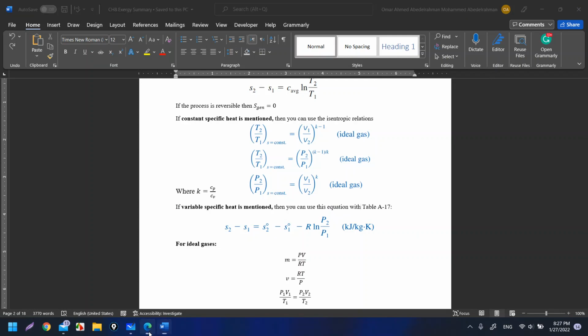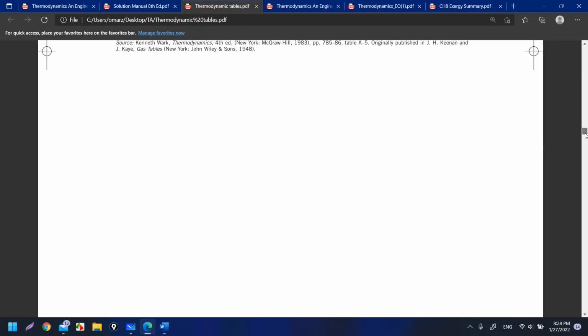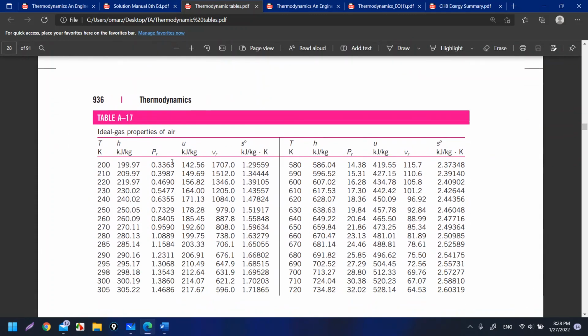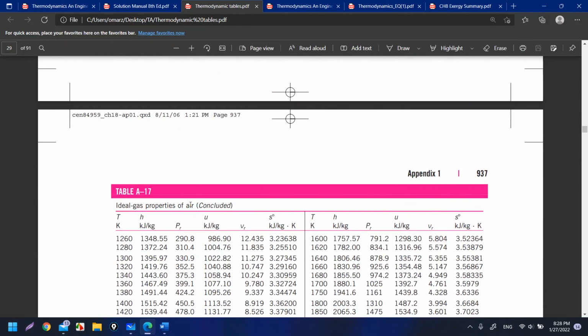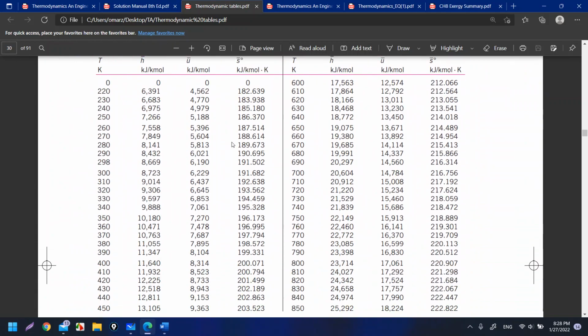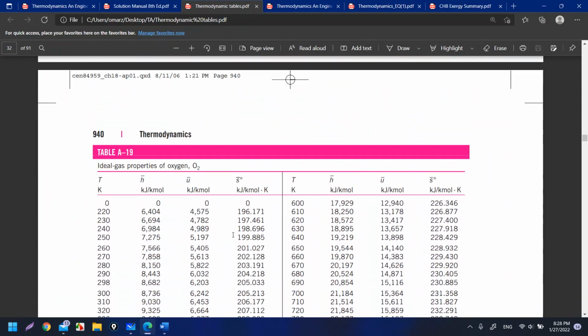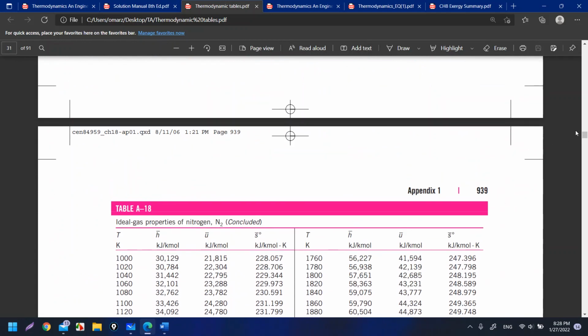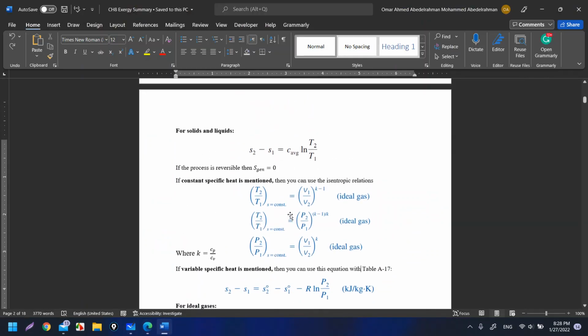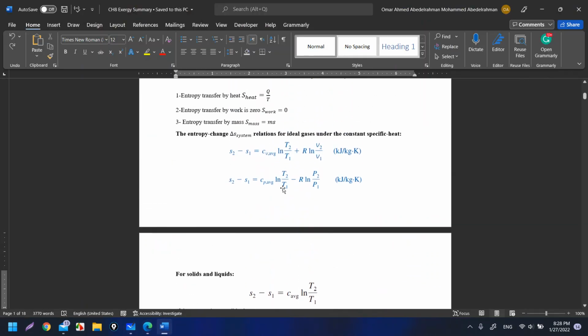If you go in the tables, in table A17 you will find for air, you will find for nitrogen, hydrogen, carbon dioxide, but you will not find for helium. So he assumed constant specific heat.